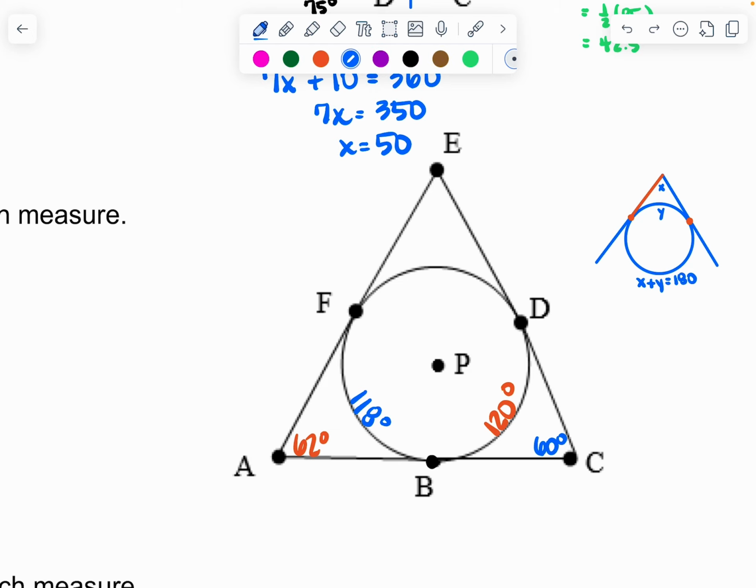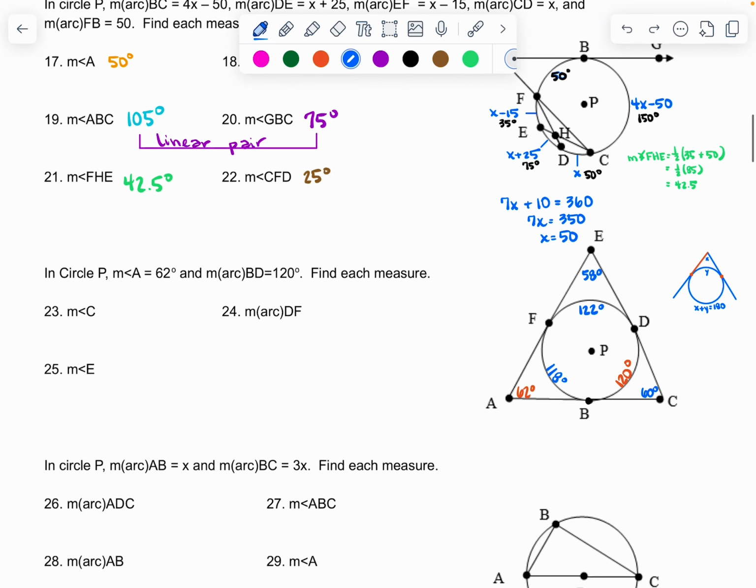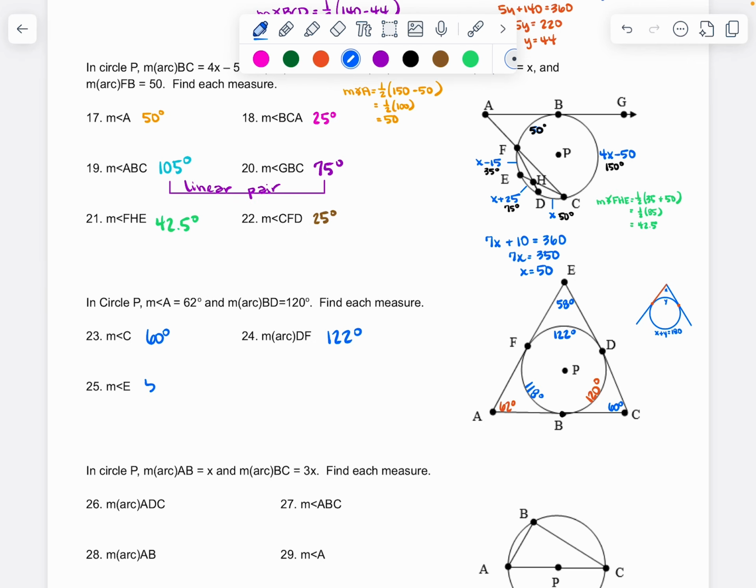That's going to give me 122 degrees left over for arc FD, which of course means that this angle has to be 58 because, again, secret tangent rule. Now, I don't think it's going to ask me to find all of those things, but I've basically solved the whole picture, so why not? So here we go. We can just go over here and throw in some stuff. The measure of angle C, 60 degrees. The measure of arc DF, 122. And the measure of angle E, 58.